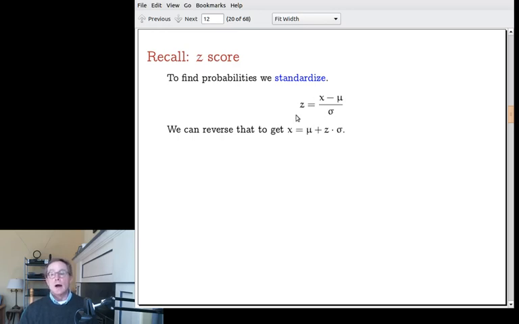Do you remember how you figure out how many standard deviation units a score is? So let's take, for example, a person who has an IQ score of 135. Then you're going to take 135 for X, 100 for mu, because that's what mu is for an IQ test, 15 for sigma.